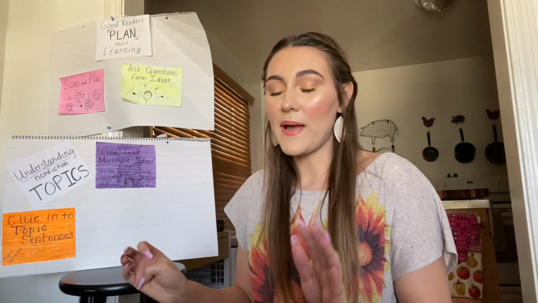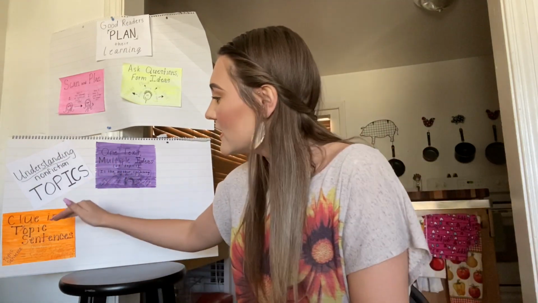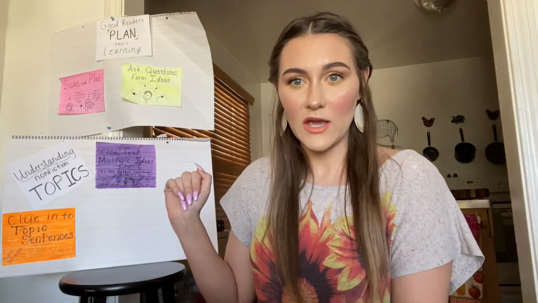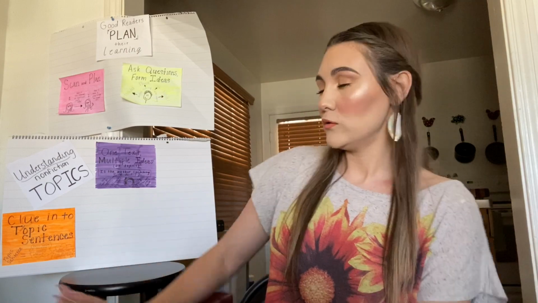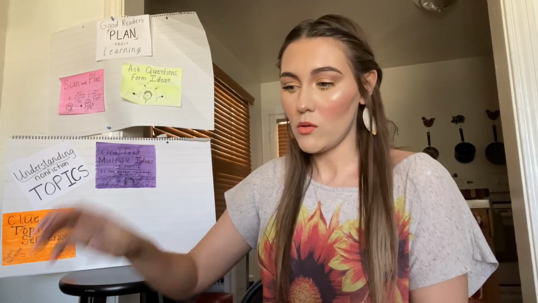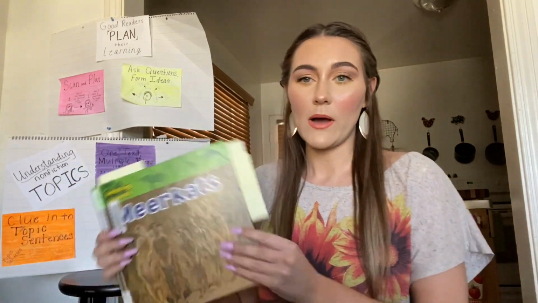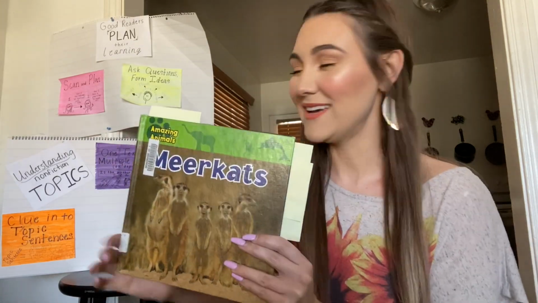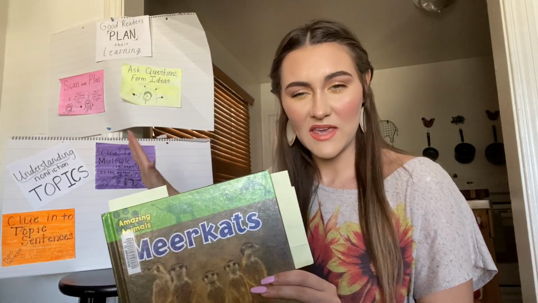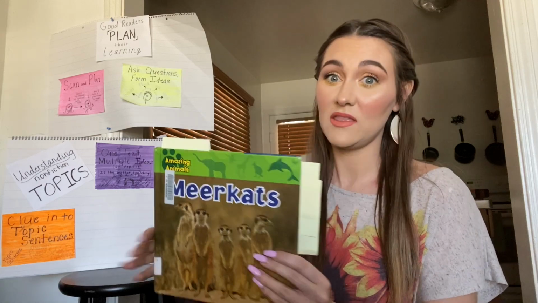So friends, as you know, we have really been talking about some different strategies to make sure that we understand what the sections in our books are mostly about. We have spoken about that, every single book is about one topic, meerkats, but it has multiple ideas within those texts, within these books.